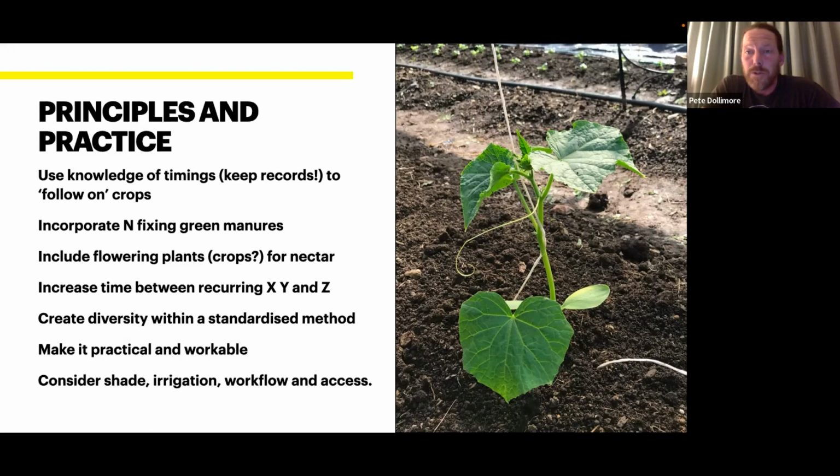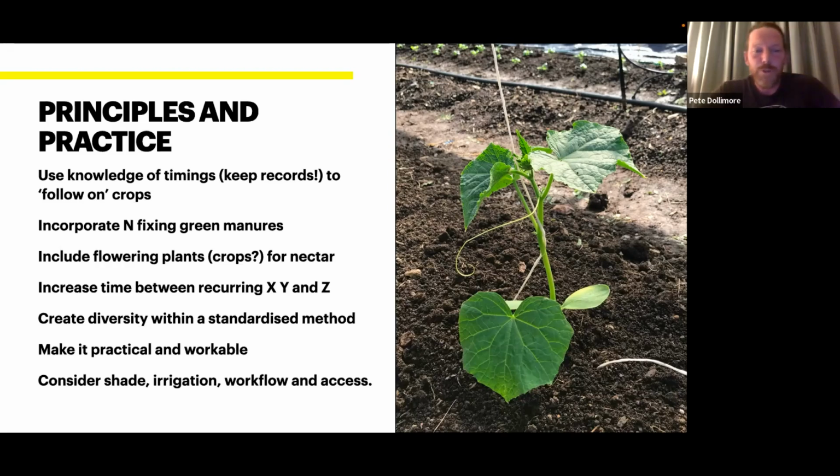Flowering plants: you can plant specific plants to do a good job of supplying nectar for your beneficials, or a lot of crops, if they're just let go to seed, do a really good job. Coriander, basil, rocket, most of the brassicas, dill, all of these, if they were let go to seed, are really good attractors and nectar suppliers.